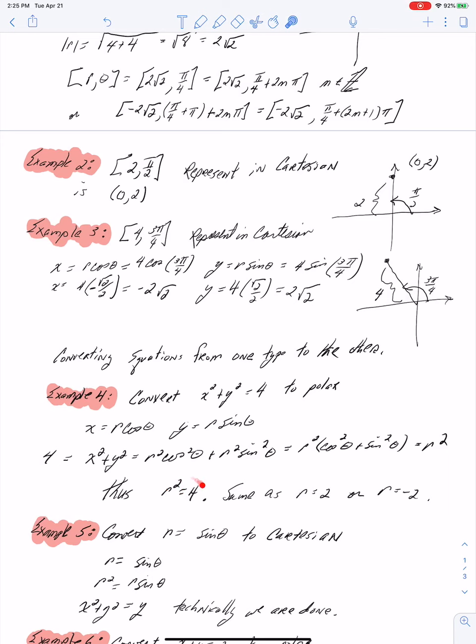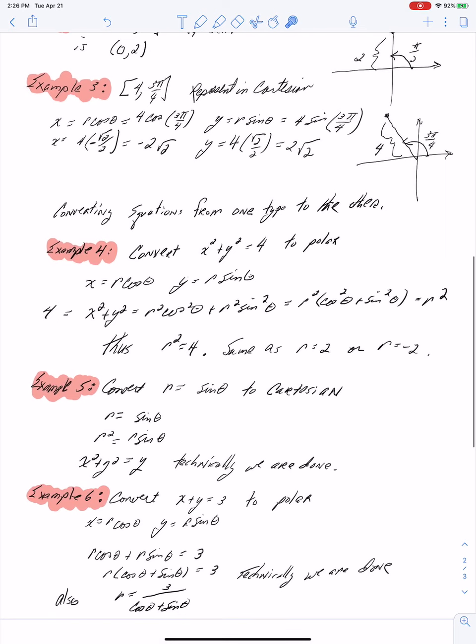By the way, r squared equals 4 is the same polar equation as either r equals 2 or r equals minus 2. Another thing I might say is if r is ever 0 in the polar equation, I don't care what the angle is, my friend, you are at the origin when r is 0.